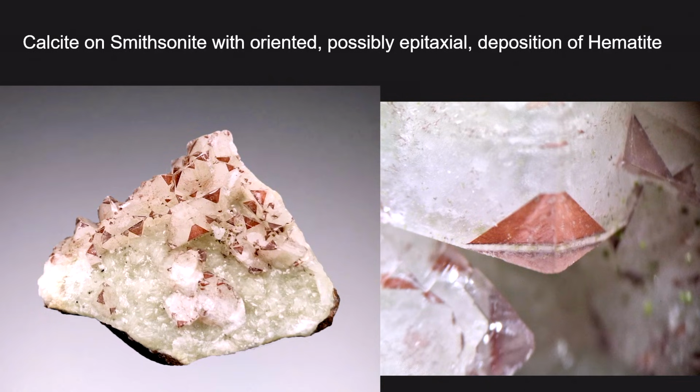Lastly, here's a fascinating specimen that I recently saw on social media of smithsonite as the matrix with calcite crystals with the corners of the calcite crystals colored by hematite in, again, what appears to be an epitaxial pattern.